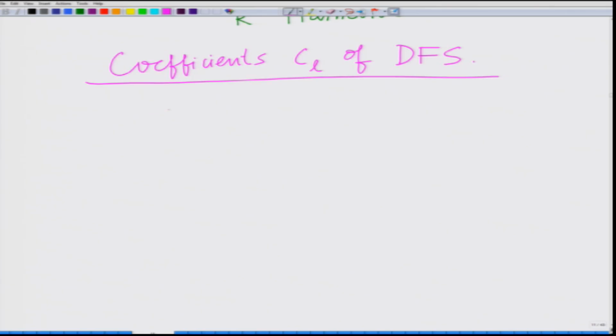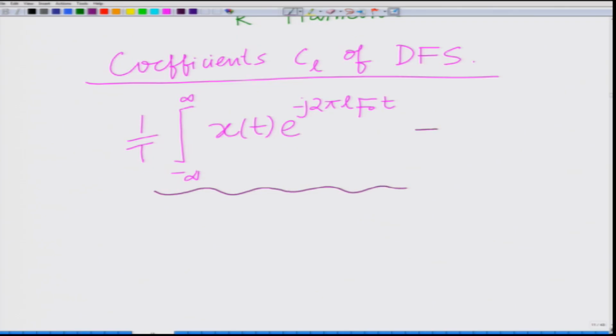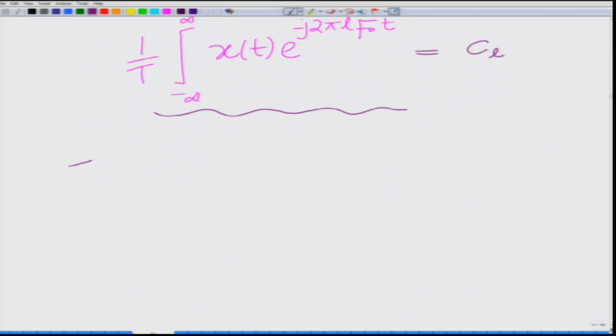Now, let us consider this quantity, integral 1 over T of x of t e to the power of minus j 2 pi L f naught t. We will show that this integral boils down to yield the Lth coefficient Cl of the discrete Fourier series.